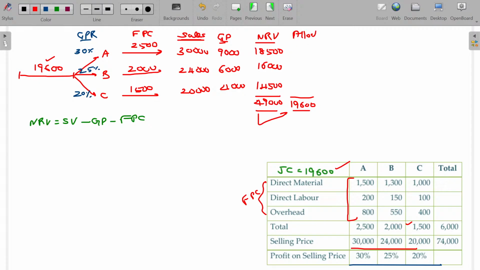Allocated joint cost: 19,600 into 18,500 divided by 49,000, or 185 divided by 490. Using this ratio: 7,400, 6,400, 5,800. This is the NRV method.